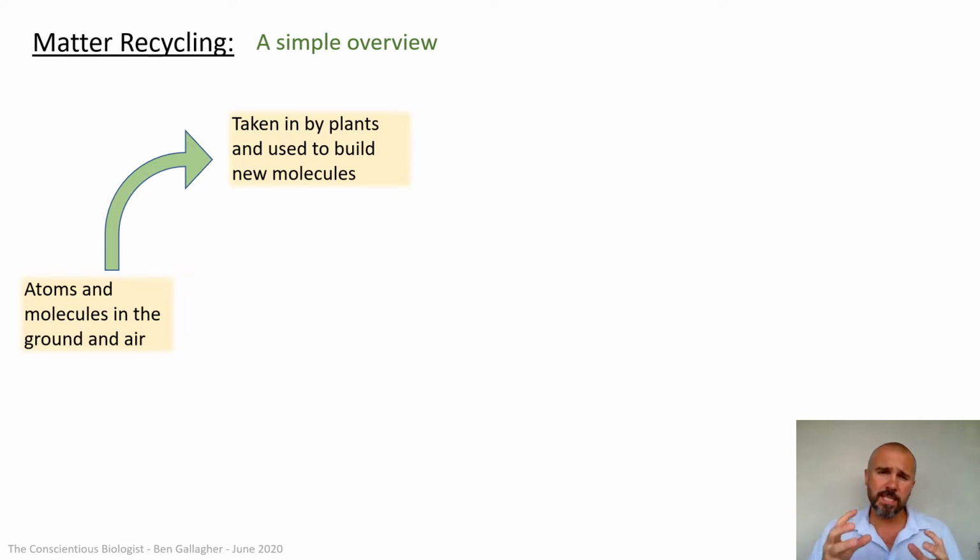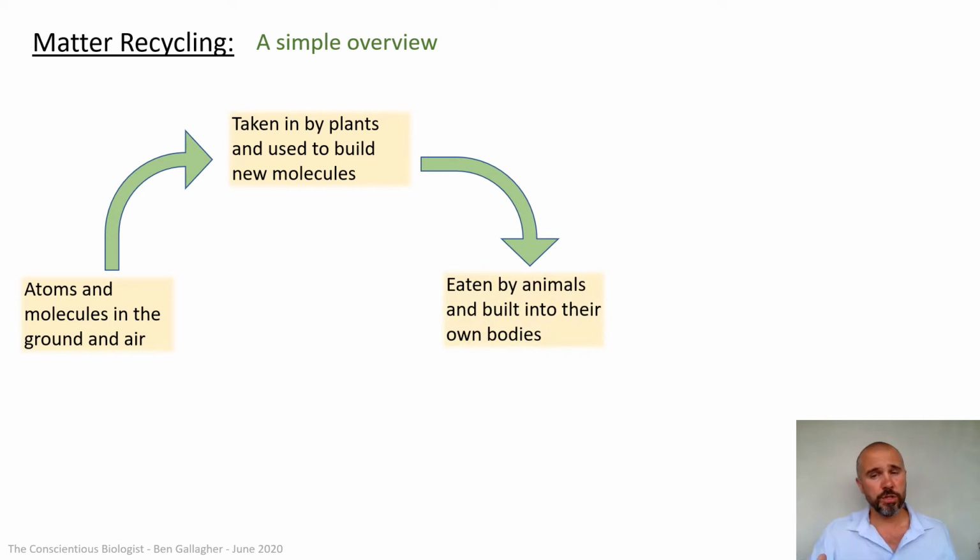But the plant can take those and build glucose, amino acids, lipids, all of those various food molecules. So those atoms that were in the air, they were in the ground, they're now in the plant. If something comes along, a primary consumer, and it eats the plant, then those atoms are now built into their own bodies, like Dan Lydiate in the last example.